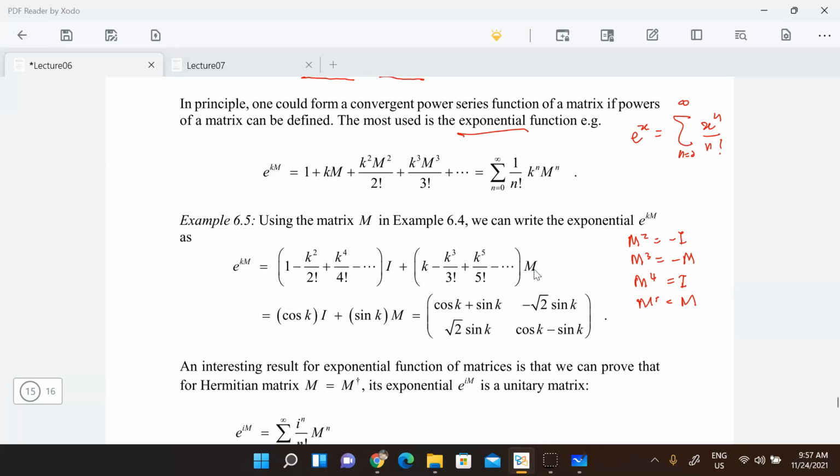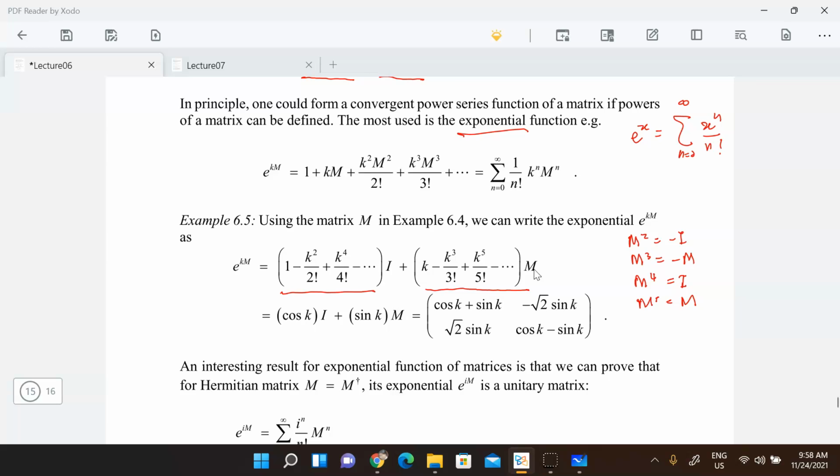So I'm going to collect those powers of M that give you something proportional to the identity matrix. And then I collect those powers of matrix M that give you M, whether it's plus or minus M. One can see this looks interesting, because this is just the power series of cosine, and this is just the power series of sine.